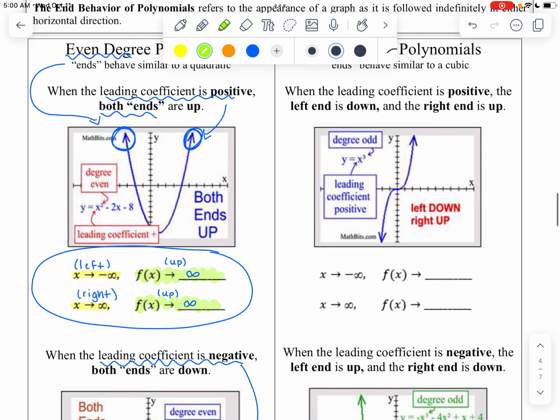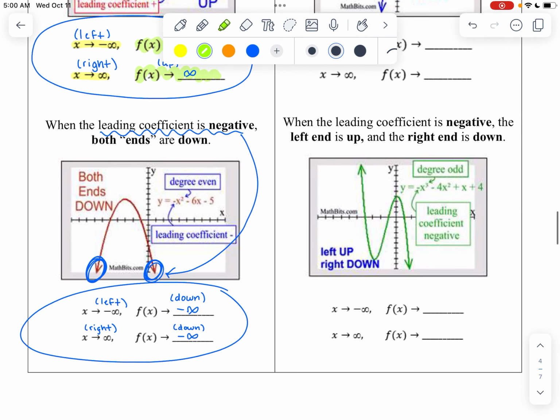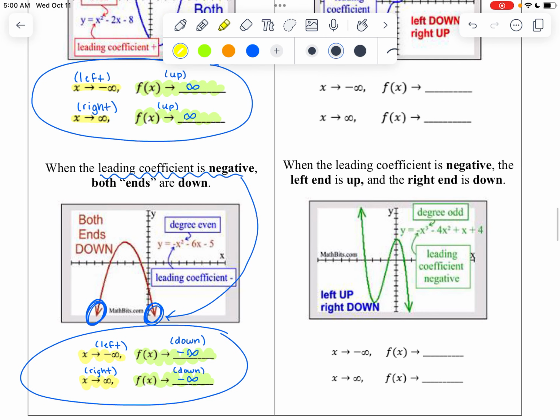As we look left, as we look right, f of x goes up on both sides. Here we have an even degree, and f of x is going down to negative infinity on both sides because as we look left and we look right, both ends are going down, but still the f of x's are going towards the same value because it's even.